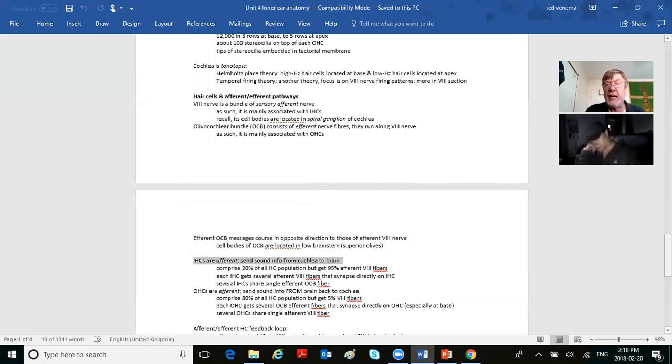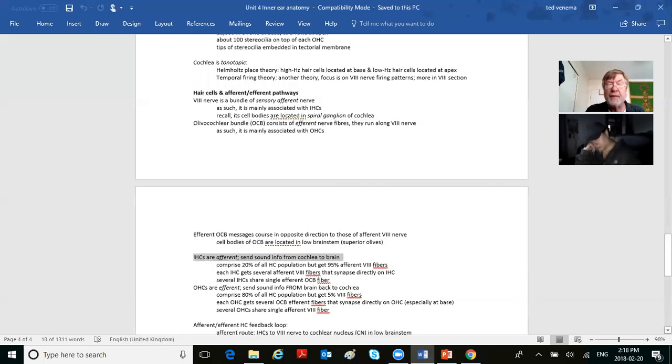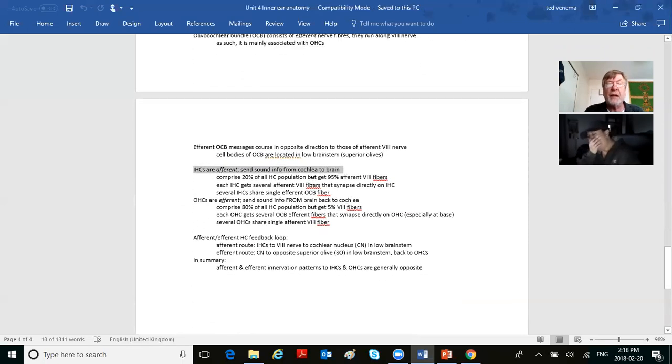Okay, inner hair cells are sending info to the brain, outers are getting info from the brain. Inner hair cells are afferent, and guess, look at this, they comprise 20% of hair cell population, but they get 95% of the eighth nerve fibers. Each inner hair cell gets a bunch of eighth nerve fibers.